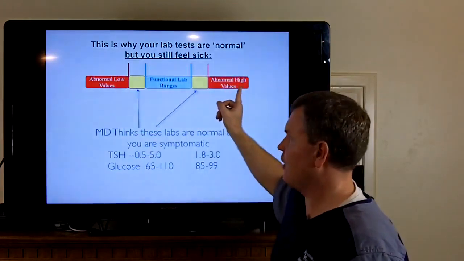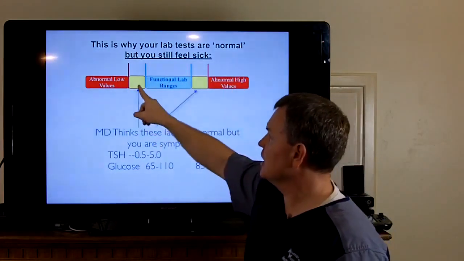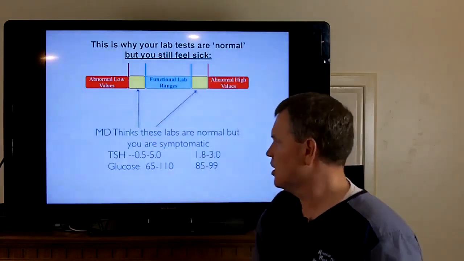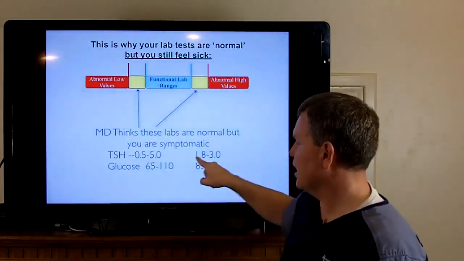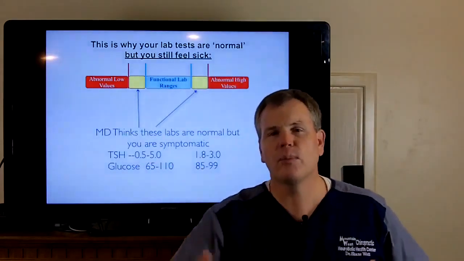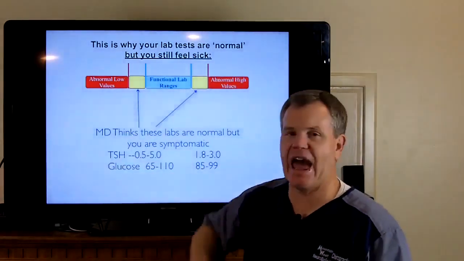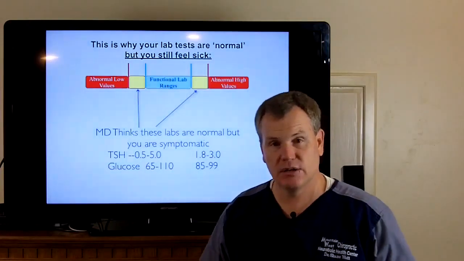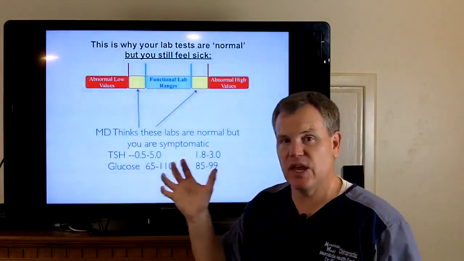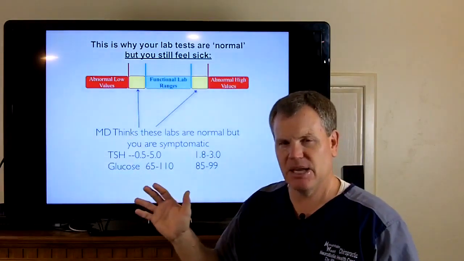Those are the ones that are out of question high. The problem is when you're in this area. The medical model says, hey, that's within normal limits. So as an example, TSH, we like to see between 1.8 and 3.0. So if you're 4.85, according to that lab, that TSH score is good. Your doctor has nothing to go on because it's within normal limits. Does that make sense?